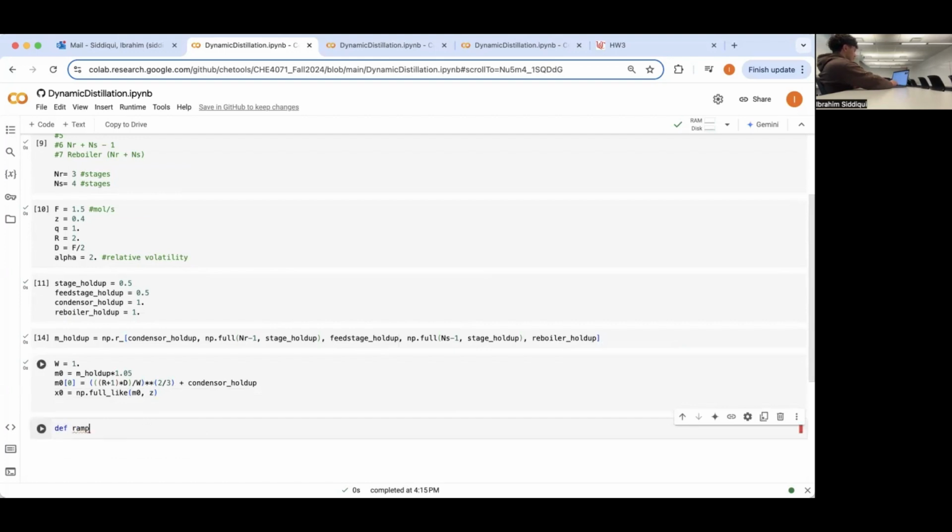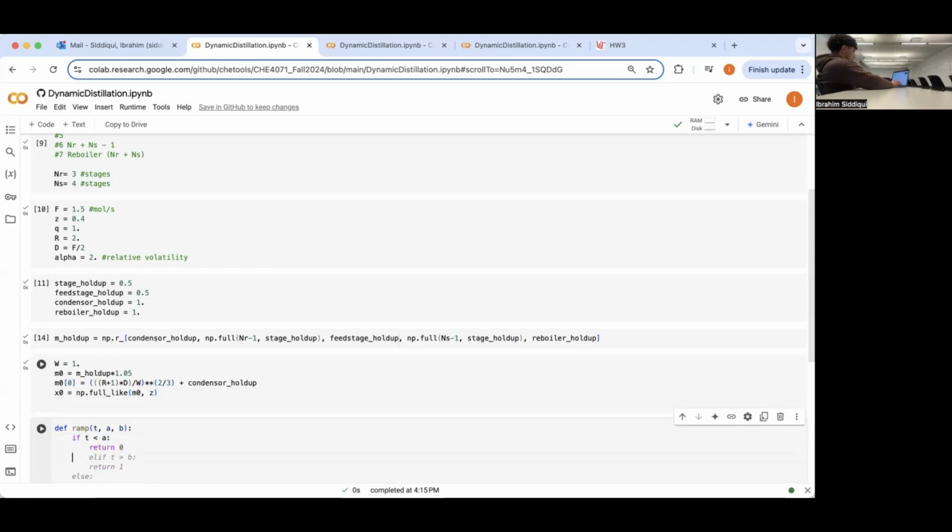This is essentially what we're going to be creating, a ramp at T from two points, A and B. We want to give it an if-then statement. If T is less than A, we're going to return 0.